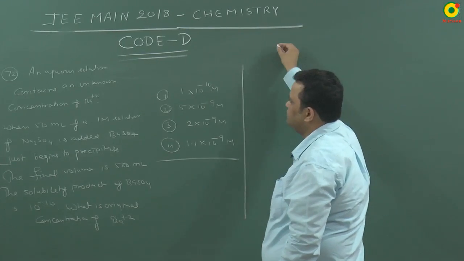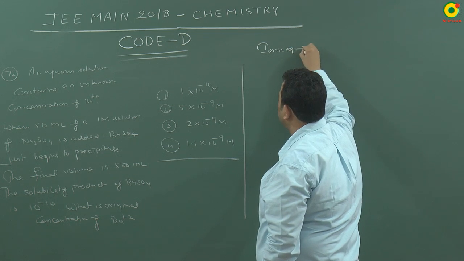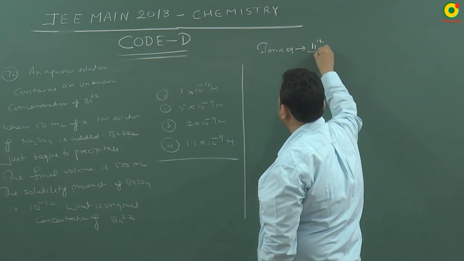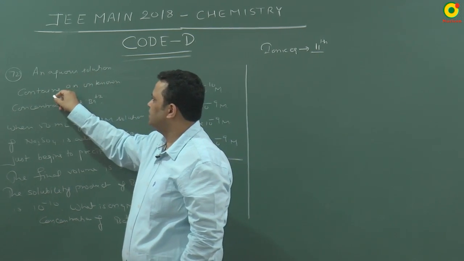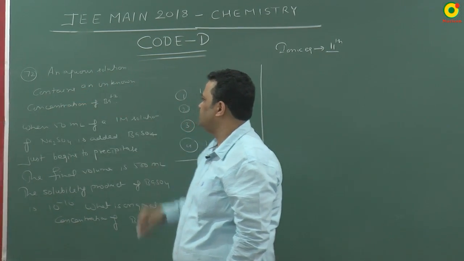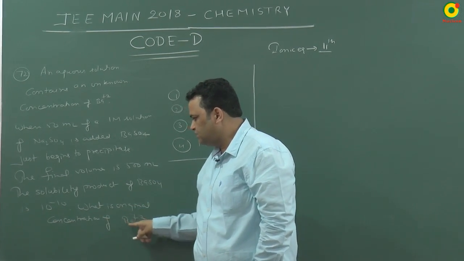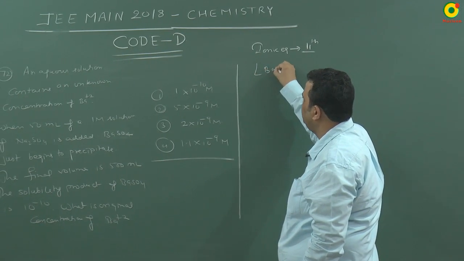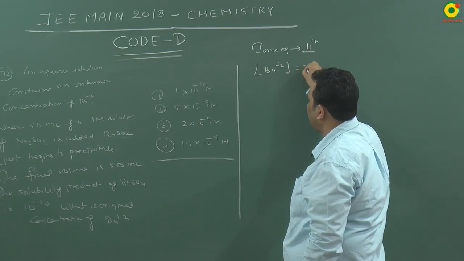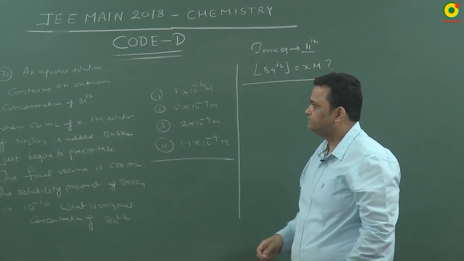Now the next question is from ionic equilibrium, which is in the 11th class syllabus. The question says an aqueous solution contains an unknown concentration of Ba+2, and the last part asks for the original concentration of Ba+2. Suppose in the original solution the Ba+2 concentration was x molar and we have to find this concentration.